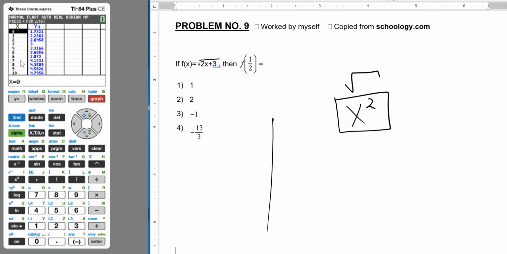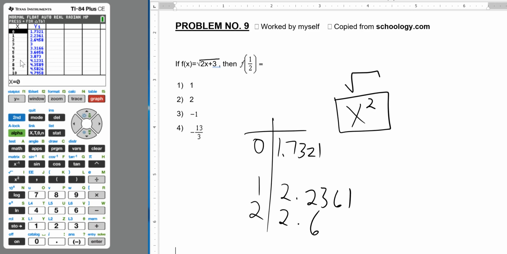The problem is that on a table, our table jumps from 0 to 1 to 2, right? At 0, we're at 1.7321. At 1, we're at 2.236, and it keeps going up from there. So if you see this pattern, because it's multiple choice, you might be able to figure out where we would be at 1/2 of all the choices, right?